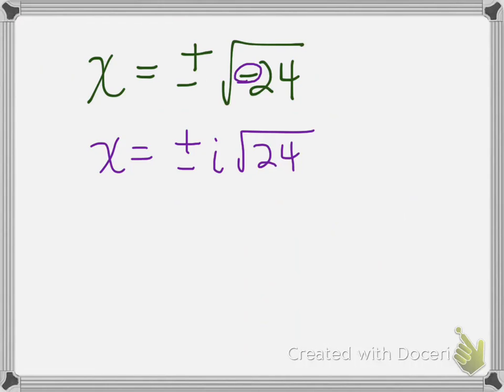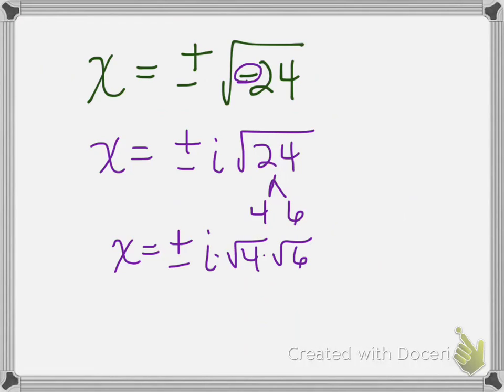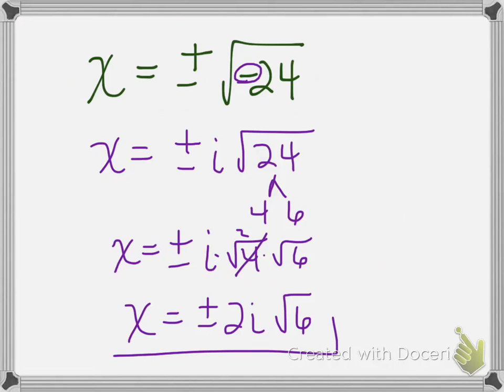We can go ahead from here and simplify this into 4 and 6, which would make me have the positive or negative i times the square root of 4 times the square root of 6. This is the way we simplified our radicals previously. And we know that the square root of 4 is 2. So I actually have a solution of positive or negative 2i times the square root of 6.